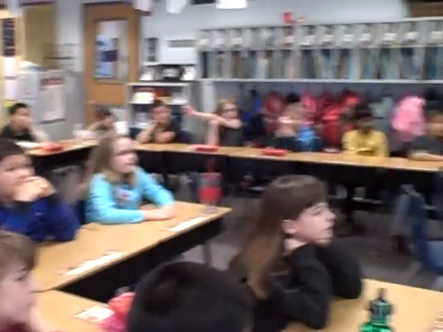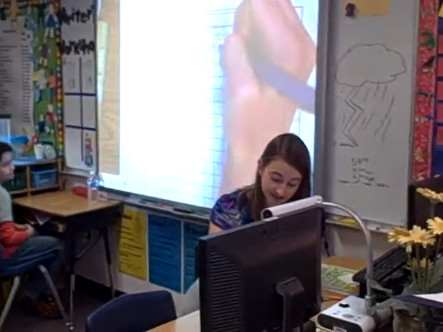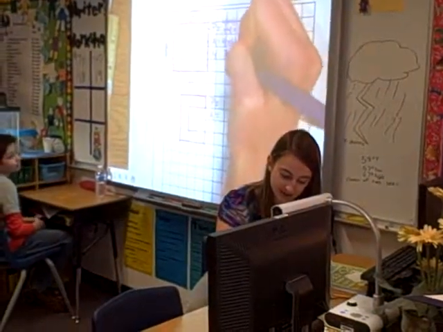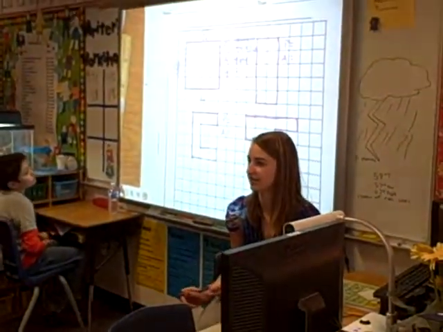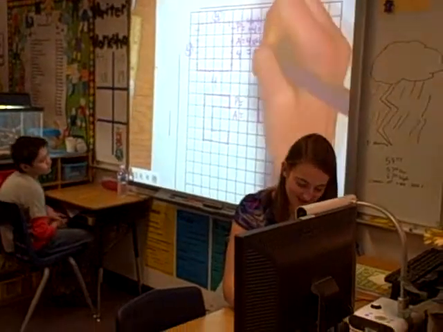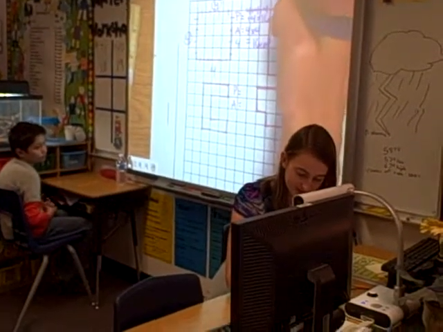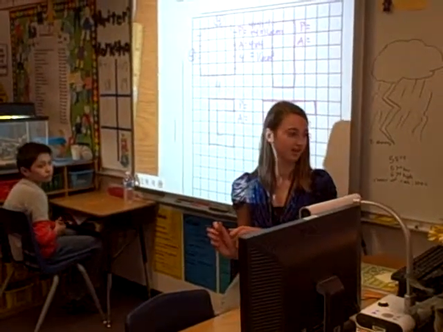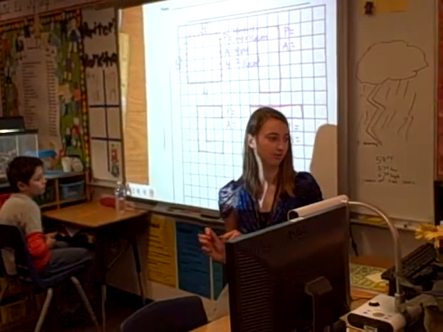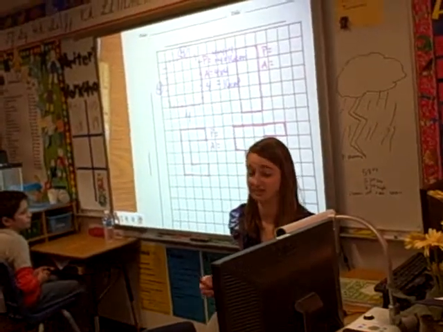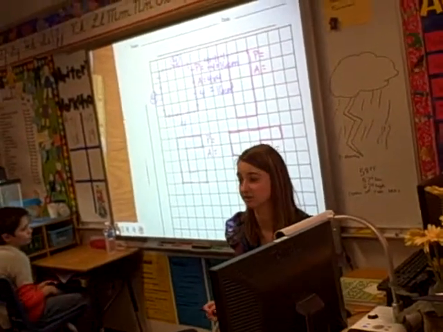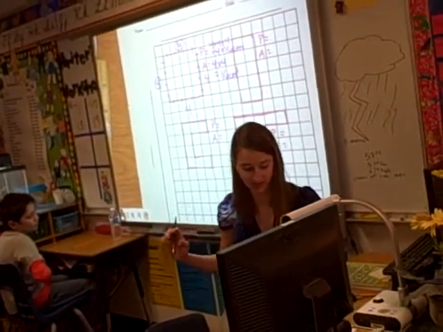So you'll take 1, 2. So you have 4 times 4, which equals 16 centimeters squared, and perimeter is just centimeters. So when you multiply, you have centimeters squared, but when you add, you're just going to have centimeters. So that's how the units go.